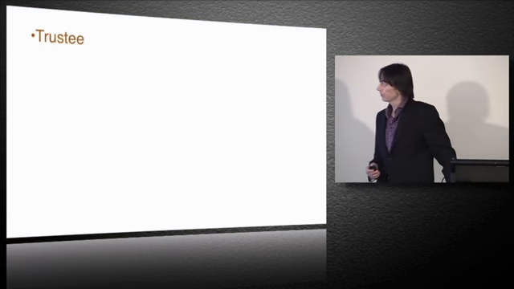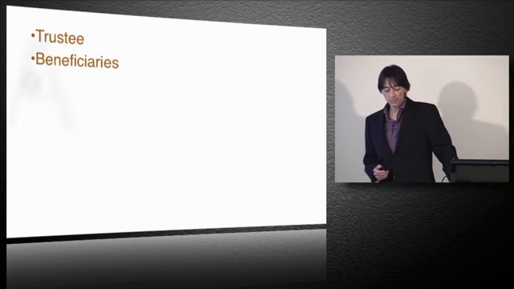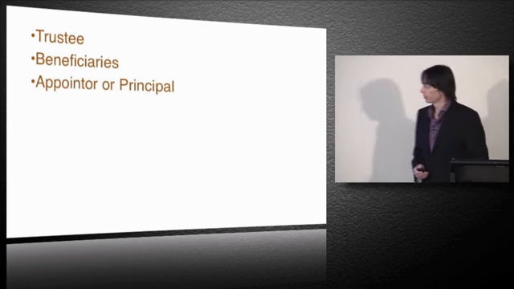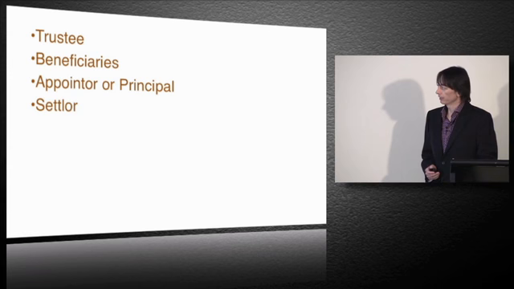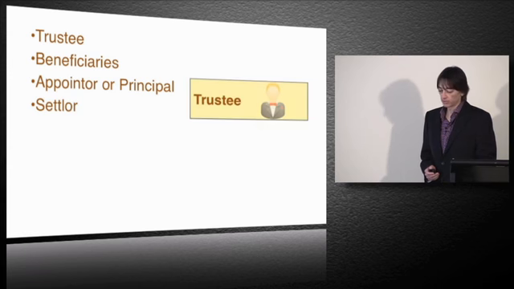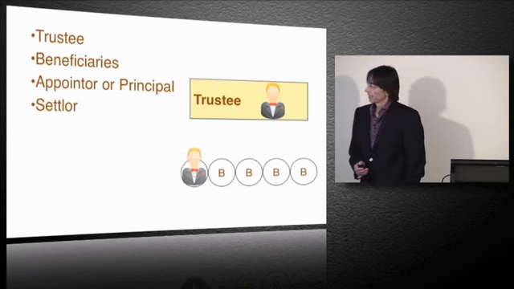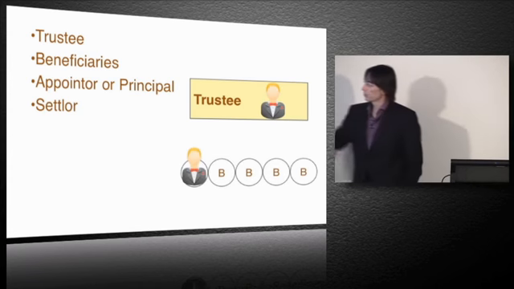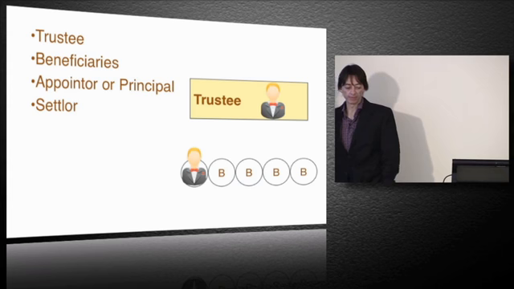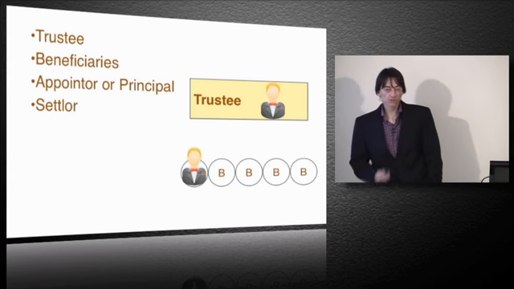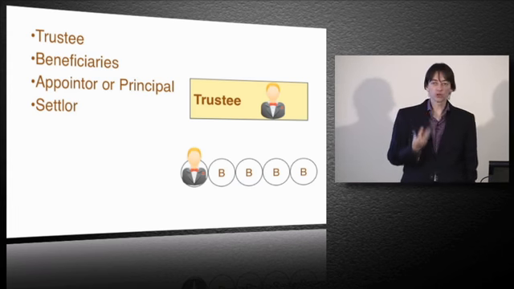So let's have a look at the different roles associated with a trust. There's the trustee, the beneficiary, there's what's called the appointer or the principal, and the settlor. And we're going to explain what all of these are. So with a trust, you've got the trustee and the beneficiary. The trustee can be an individual or a company, but the trustee controls the trust.